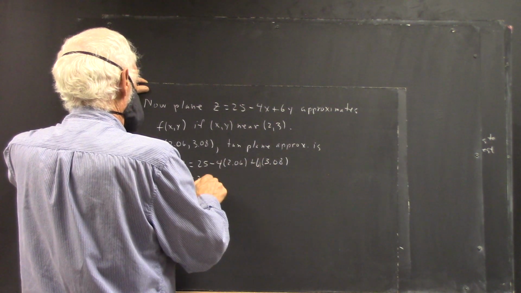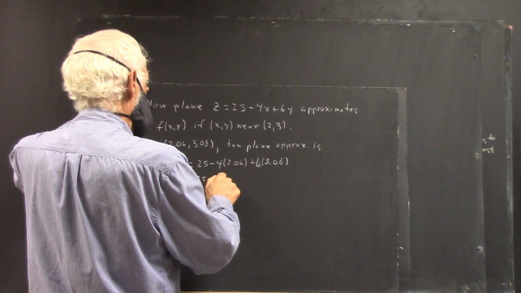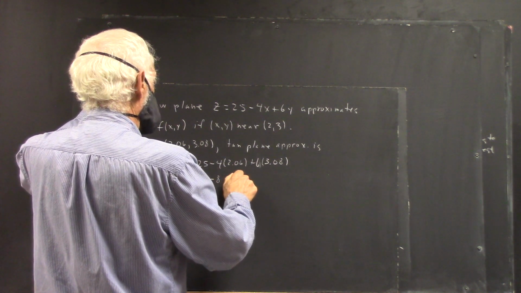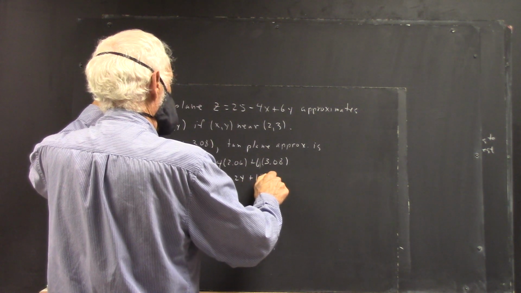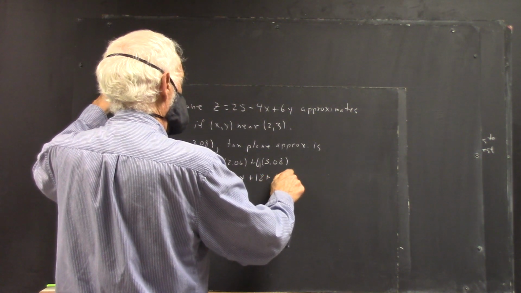Now to calculate this, I'm going to say that's 25 minus 8 minus 0.24 plus 18 plus 0.48.